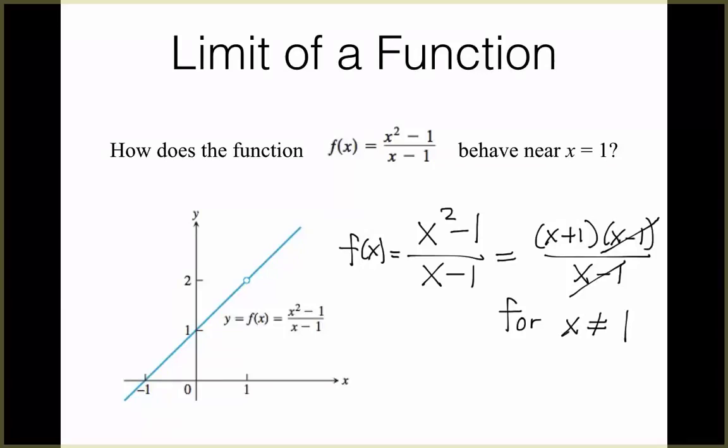So for x not equal to 1, f of x simply reduces to the expression x plus 1. That's why the graph of f looks like a straight line, because f of x acts like the function y equals x plus 1 for any value of x other than 1.